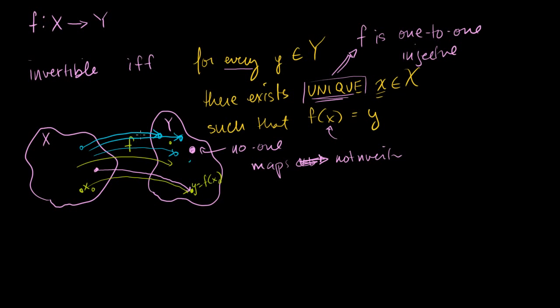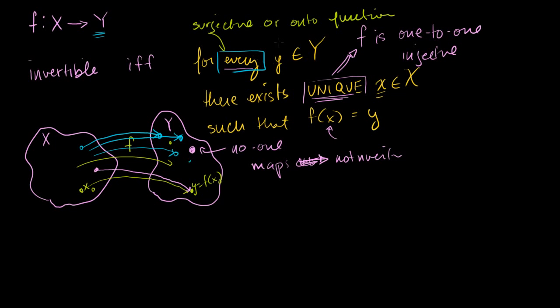Now, in the last video, what did we call it when a function maps to every element of your codomain? What is another way of saying that? Well, in the last video, I explained that that notion is called surjective, or onto function.